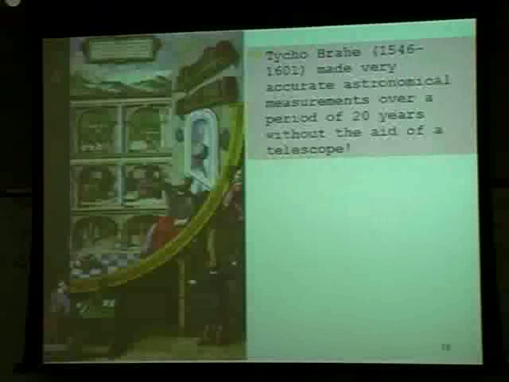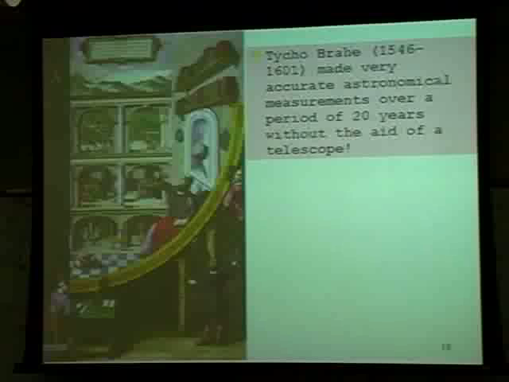Along came Tycho Brahe, who lived from 1546 to 1601. He made very accurate measurements of the planets over a period of 20 years without the aid of a telescope. He used a sextant, a very large sextant, and he was able to extremely accurately find the positions of the planets in the sky for 20 years.